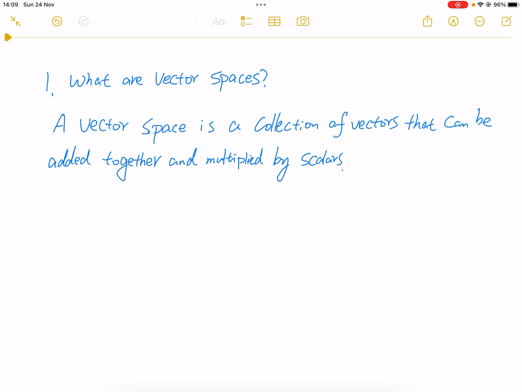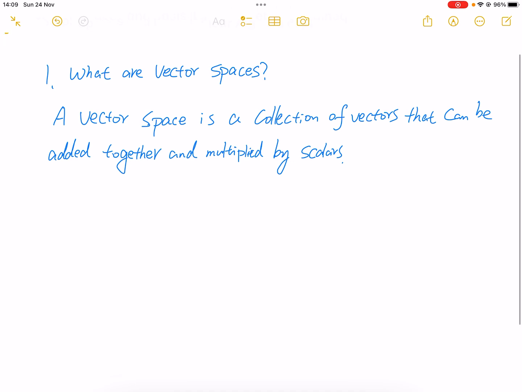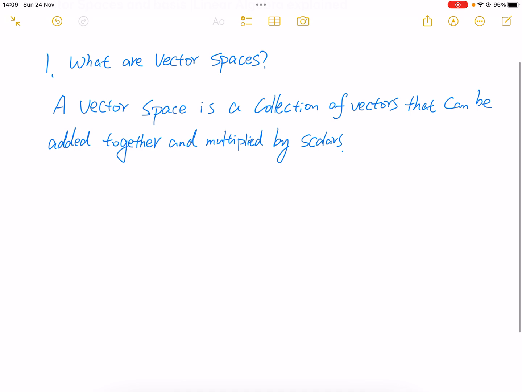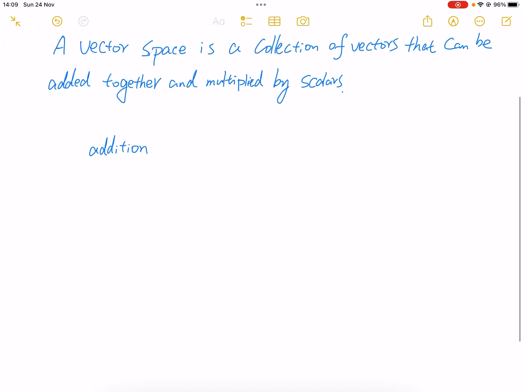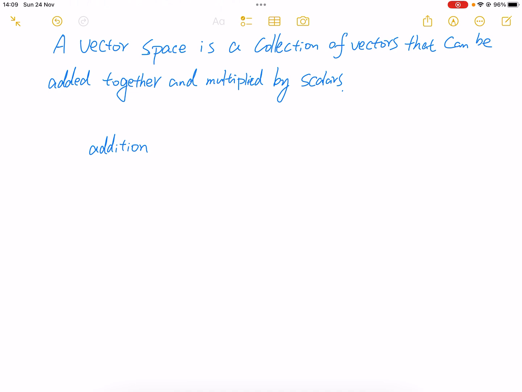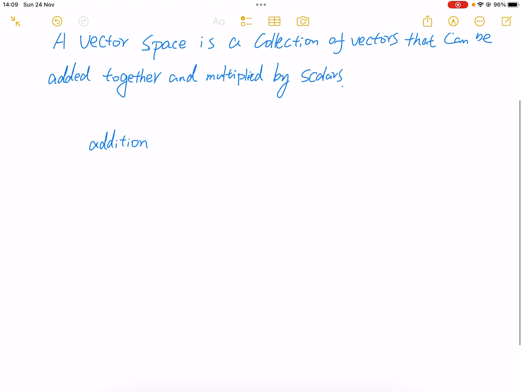A vector space is a collection of vectors that can be added together and multiplied by scalars, and it satisfies a set of properties like closure under addition and scalar multiplication. Vector addition: for example, we have vector v and vector w.